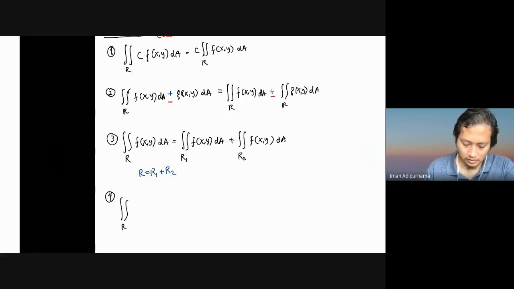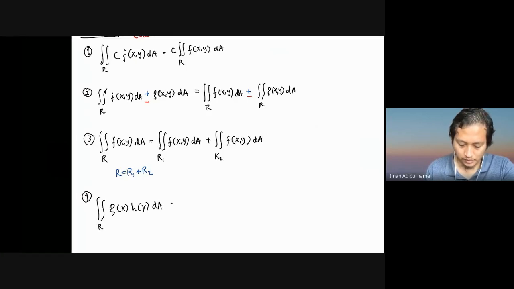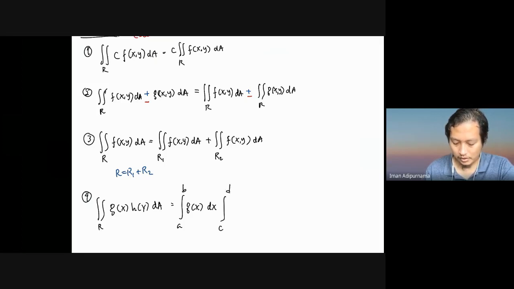And then if you have a multiplication of two functions inside, you can take this as the integration of g of x dx, and then the integration from c to d of h of y dy. You can also separate the double integral and it becomes single integrals.